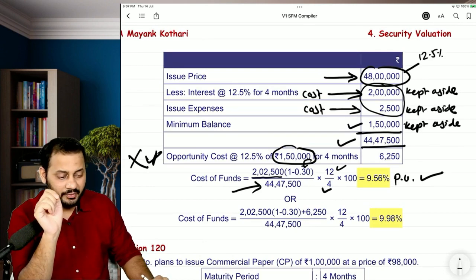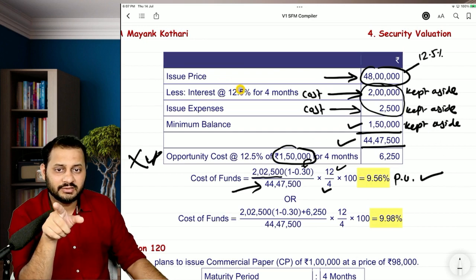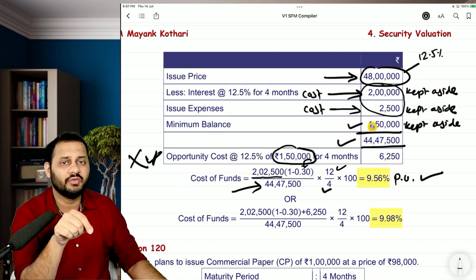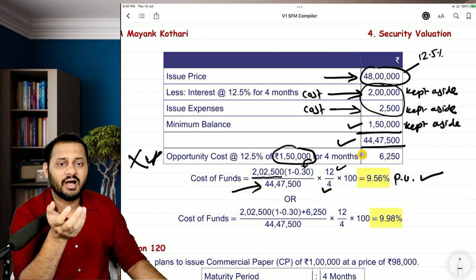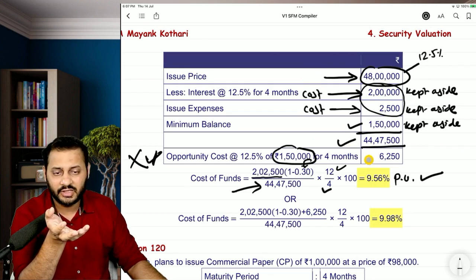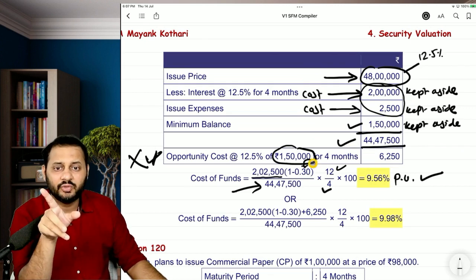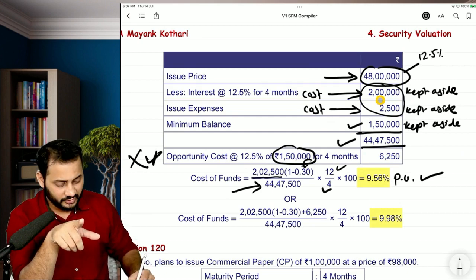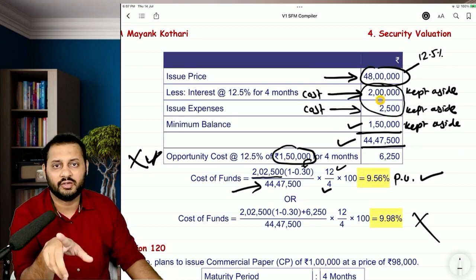You are already paying 12.5% on 48 lakhs. This 2 lakh includes that interest on 48 lakhs, and this 48 lakhs also includes 1,50,000. That means I can say the interest on 1,50,000 is already included in 2 lakh rupees. Then why is there more interest that we have to take? There is no need to take the opportunity cost on 1,50,000. It was already taken in this 2 lakh. So this answer is also wrong.